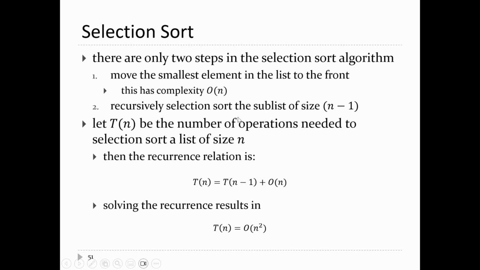So the first step is move the smallest element in the list to the front of the list. If you think about how that's going to work, you have to look at every element of the list, so that's an O(n) operation. Moving that element to the front of the list is an O(1) operation. You can do that in constant time. And so overall, that has complexity big O of n.